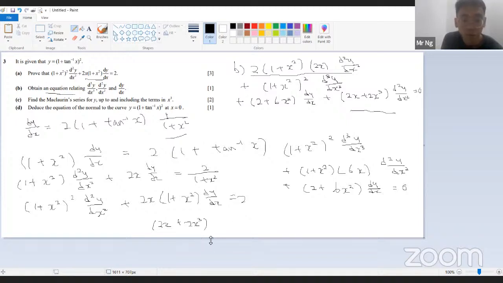After that, reduce the Maclaurin series. So the Maclaurin series is when x equals 0. Tangent inverse 0. When x equals 0, y equals 1, and dy dx equals 2 times 2, after that divide by 2, so 2.